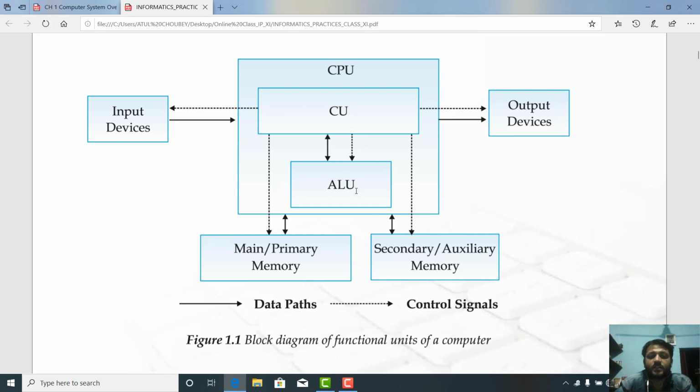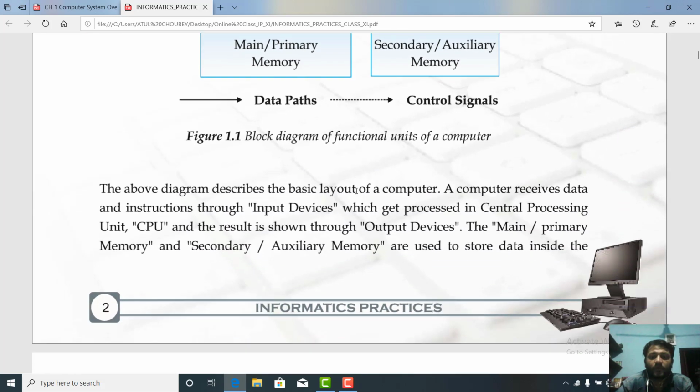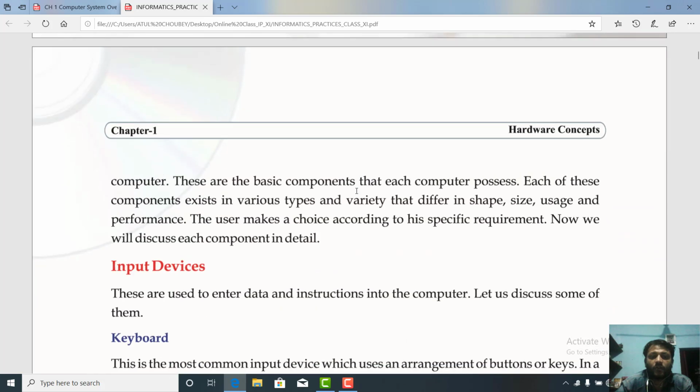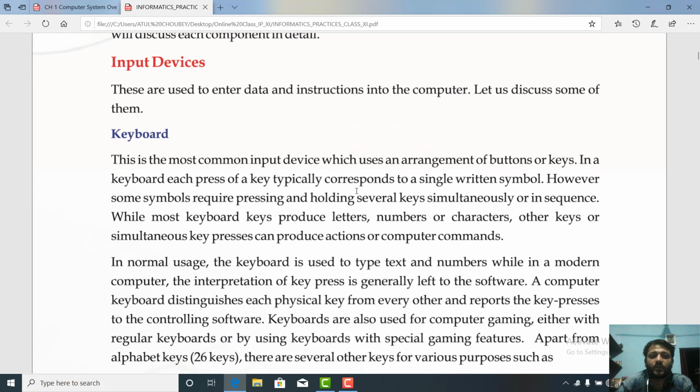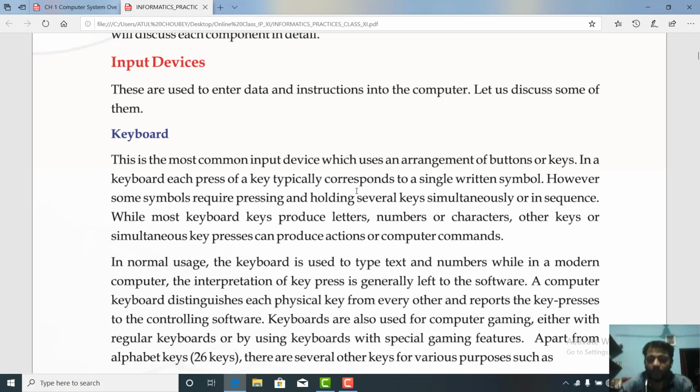So this is the block diagram of functional unit of computer. So also draw this figure. After this block diagram, we will learn about the input device. What are the input devices?